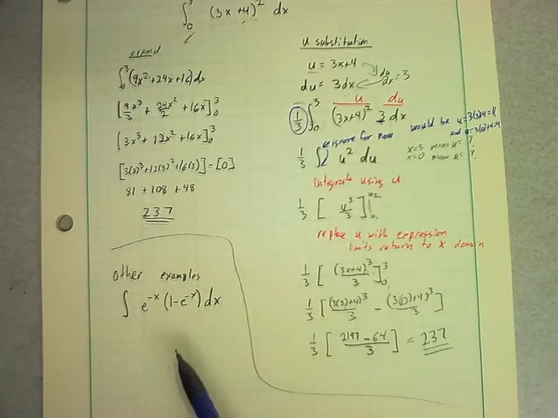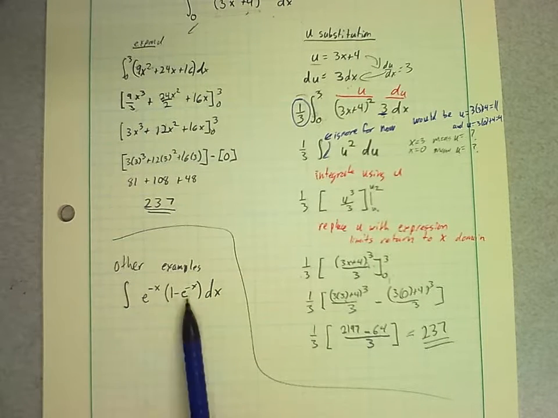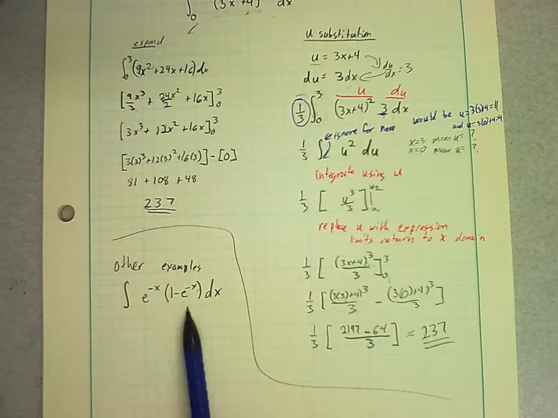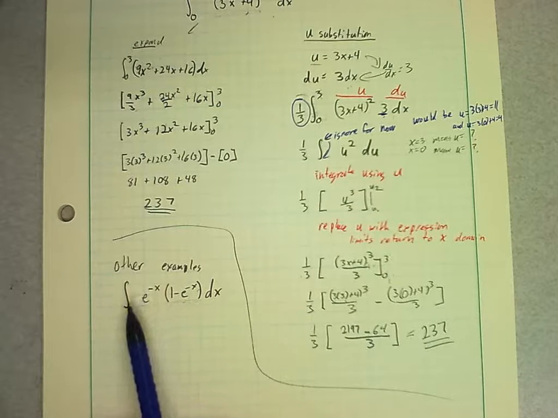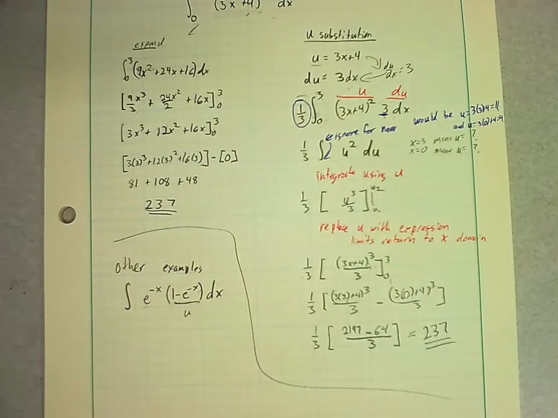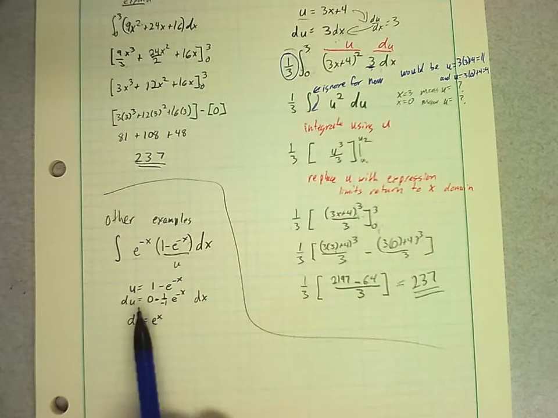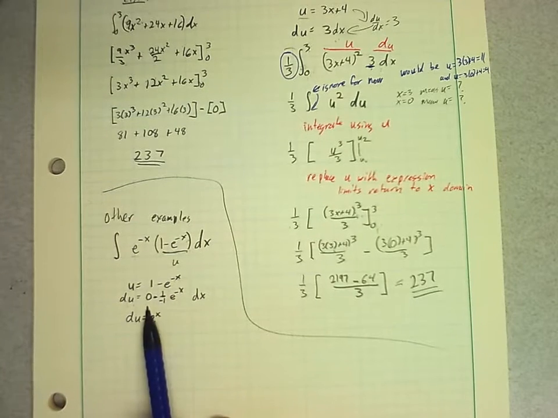Another example where this might show up is you see expressions like this come up a lot of times where you have e raised to a power inside of an expression, but you've also got e to that same power outside the expression. And that's helpful because if we think about letting this part be u, then what is du? Well, let's see. If we let u equal 1 minus e to the negative x, then the derivative would be that part goes to 0.